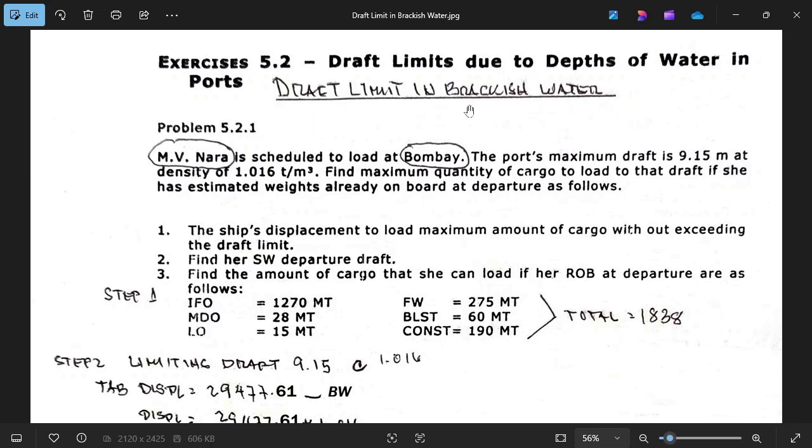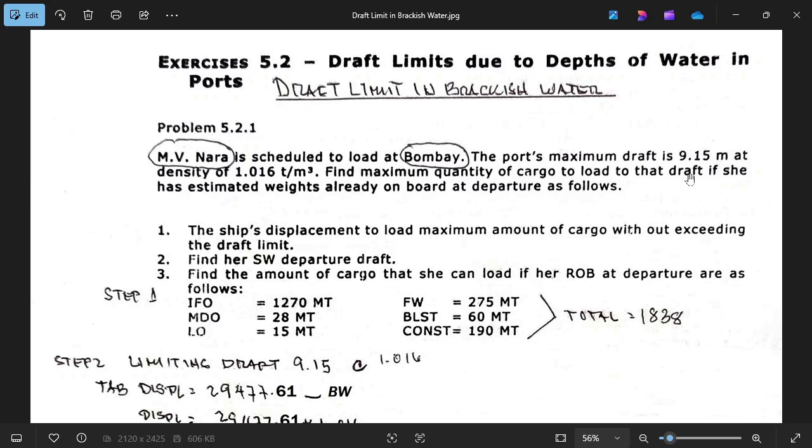Okay. So problem 5.2.1. The vessel's name is Imbinara, and this is a port vessel for cargo hold. Imbinara is scheduled to load at Bombay, India. The port's maximum draft is 9.15 meters.